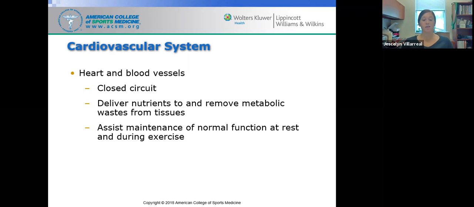This is called a closed circuit, and the role is to deliver nutrients to and remove metabolic waste from the tissues. So that is the cardiovascular system's primary purpose. And lastly, to assist in maintenance of normal functioning at rest and during exercise.